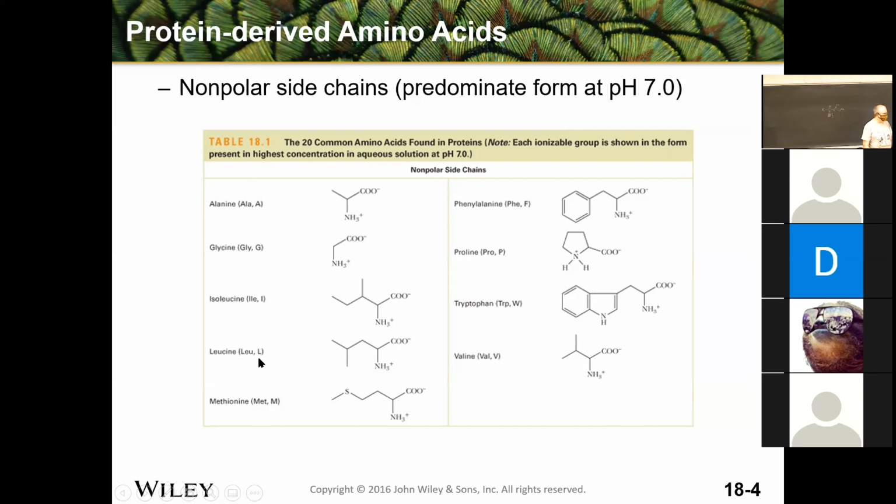So these are nonpolar side chains. There are 20 common amino acids that are found in proteins, and these are just a few of those. And at pH 7, both these groups are ionized.